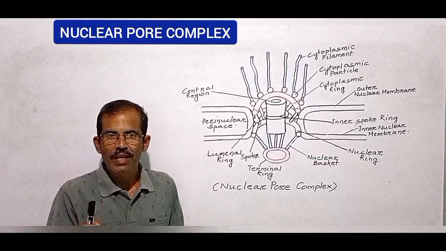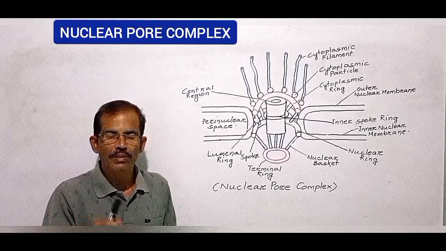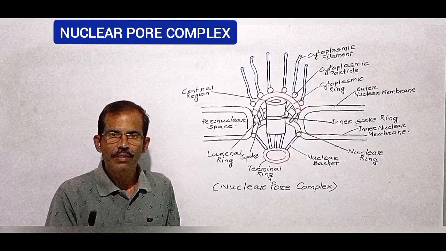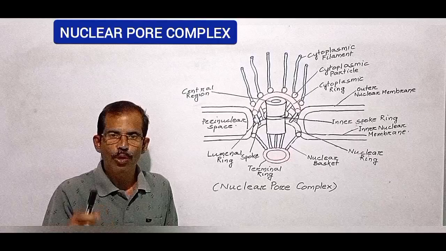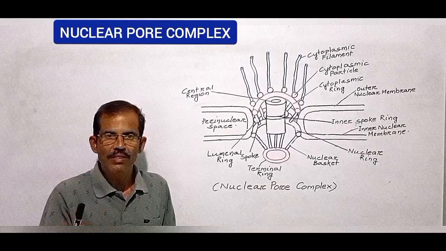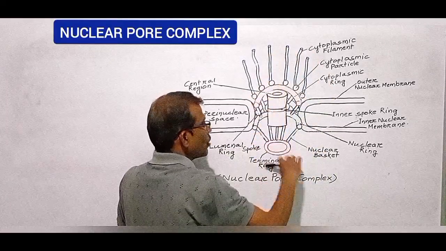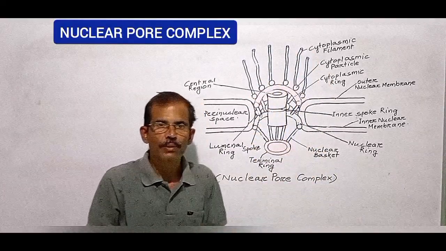A growing cell has about 3000 nuclear pore complexes that regulate the passage of ions and molecules between nucleus and cytoplasm. This figure shows the structure of a nuclear pore complex.